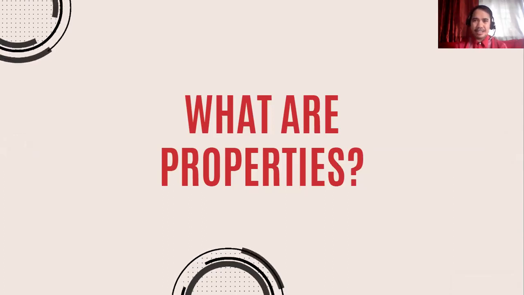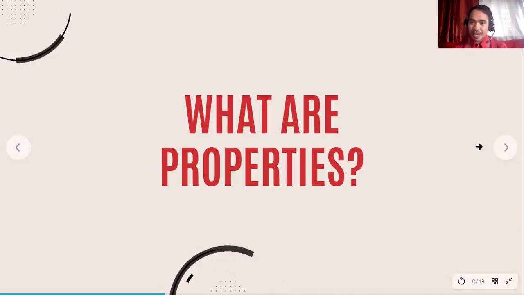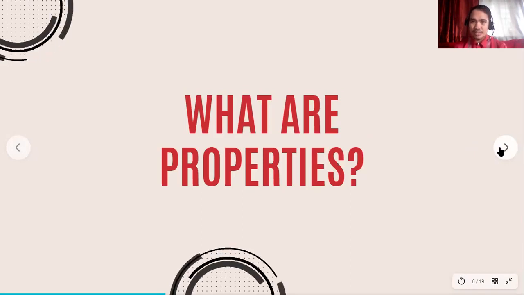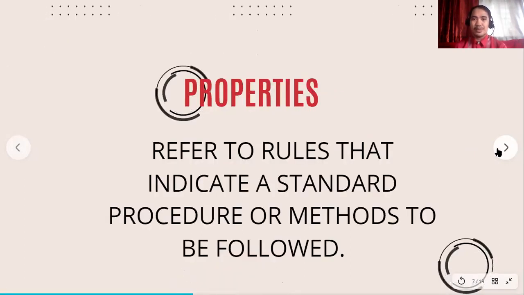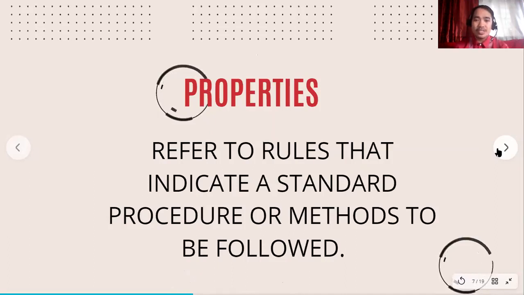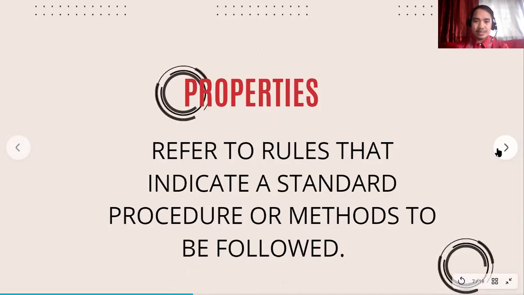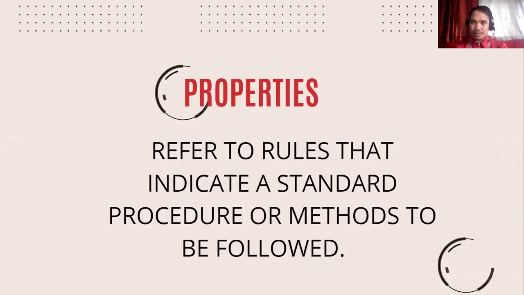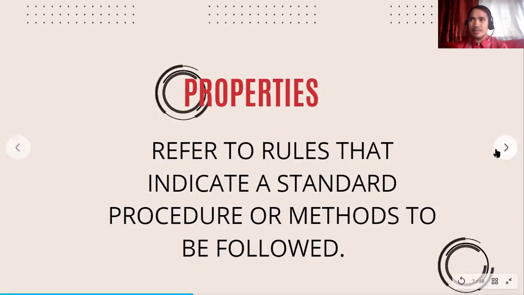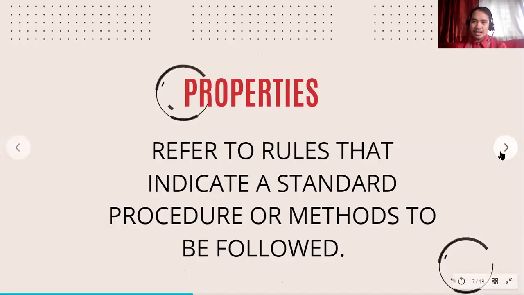But here in mathematics, we have a certain defined definition for that. So properties are said to be rules that indicate a standard procedure or methods to be followed in solving, evaluating, or understanding an equation.